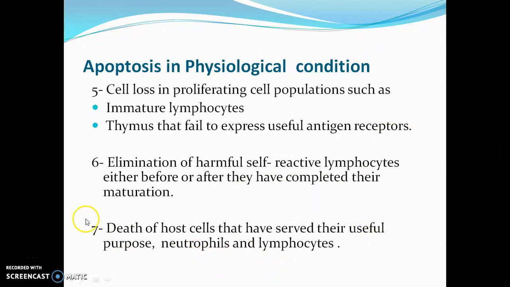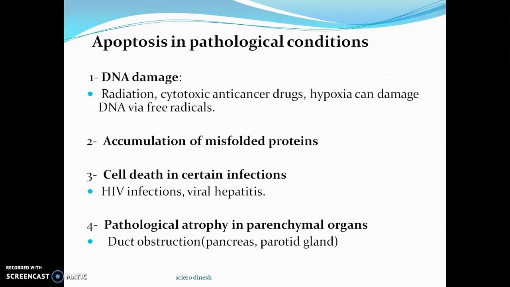All these cells are either immature and fail to serve their useful function, or they have completed their function and are no longer required in the body, so they are removed from the body by the process of apoptosis. Now, apoptosis in pathological conditions.